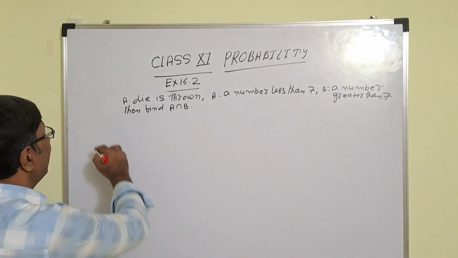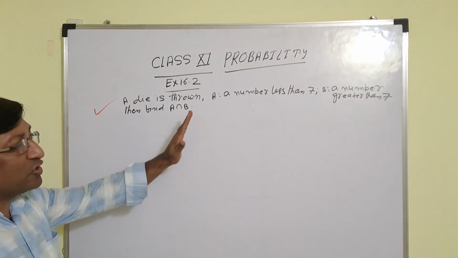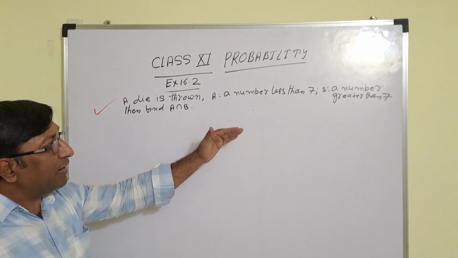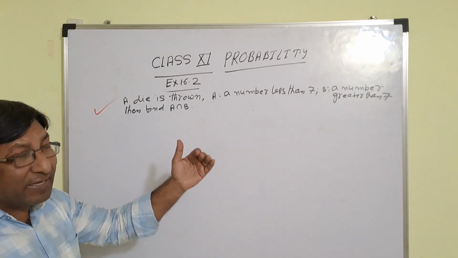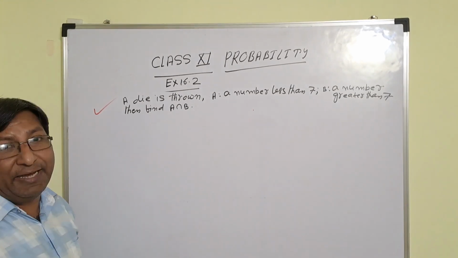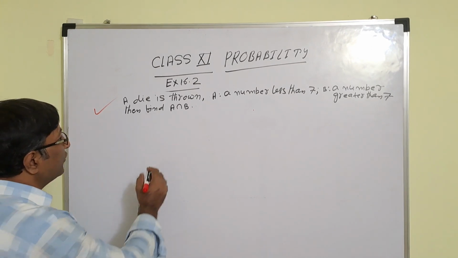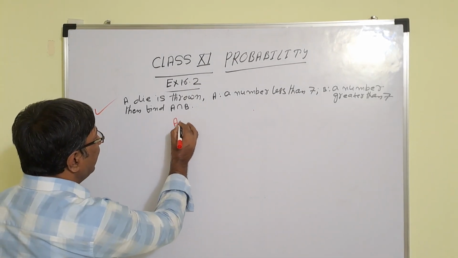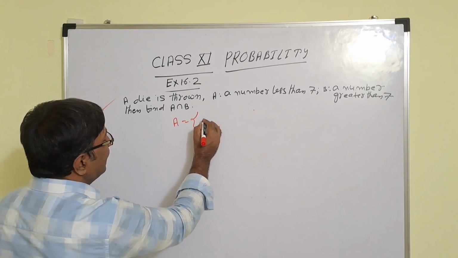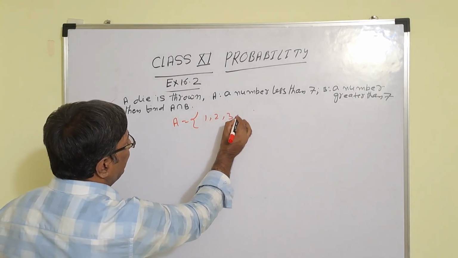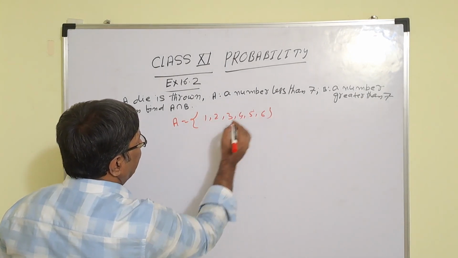Let us see the question. A die is thrown. A is a number less than 7 and B is a number greater than 7. Then find A intersection B. For this type of question, first you find the event A. A is a number less than 7, so the members will be 1, 2, 3, 4, 5, 6.